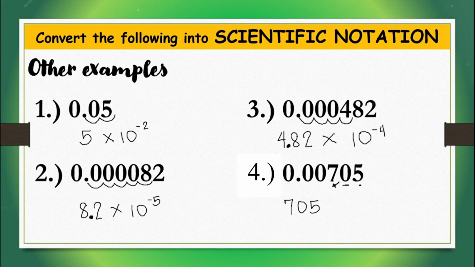So the first significant digit is 7. So we will add the decimal point in here. Now, this will be times 10. So let us count the number of movements of the decimal point. 1, 2, 3. So the answer will be 7.05 times 10 to the negative 3.